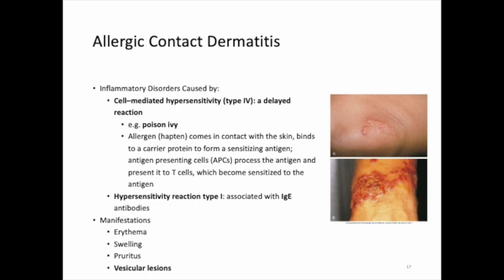Hypersensitivity reactions, like type 1 reactions, are associated more with the IgE antibody. And overall, you're going to see, again, erythema, swelling, pruritus, and sometimes you might even see vascular lesions. The pattern of distribution provides clues to us as to what the source of the antigen was.